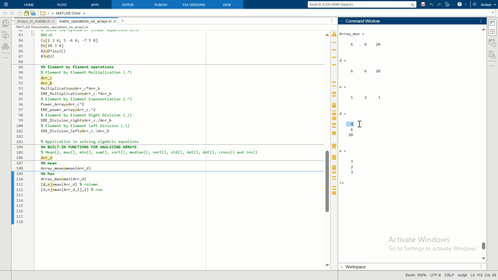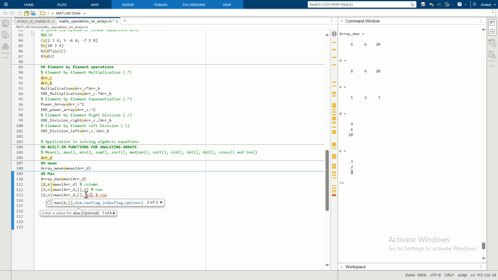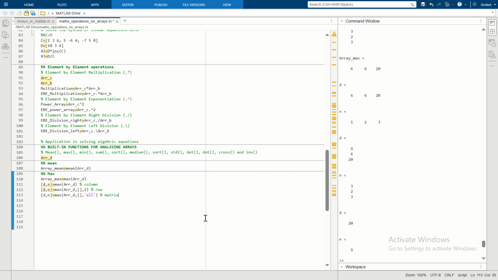Again we are getting the element number, and if you want the maximum element from the whole matrix, all the 9 elements, we have to use this all. So this is 20 and the element number is 9.